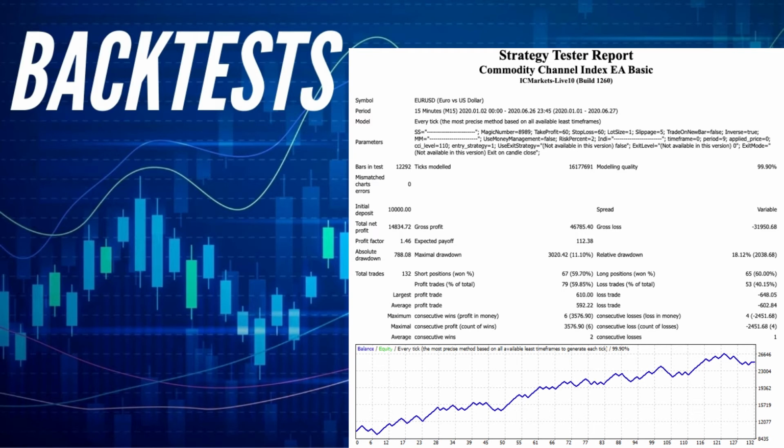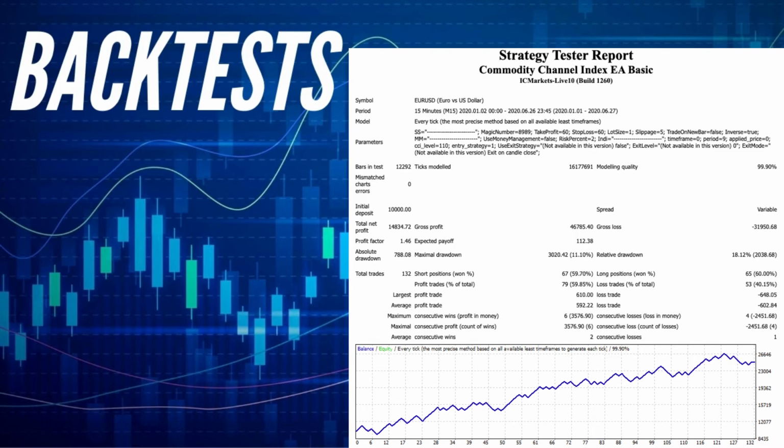The other thing which I do like about the chart is it is a nice constant move upwards. You can see it did reach 26,000 and it's taken a dip at the moment, but it should head straight back up. The other thing which I didn't mention was the drawdown, which is quite important.